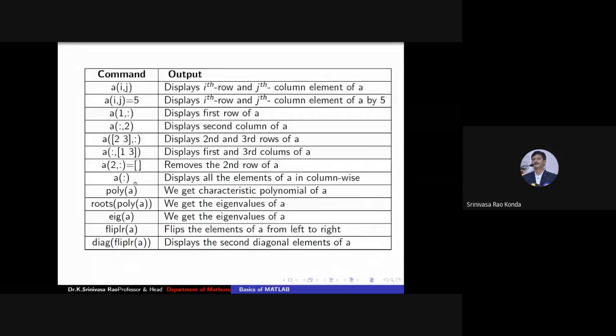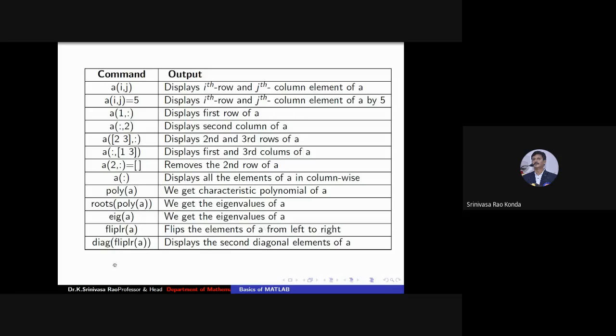A colon displays all the elements of A, matrix A column wise. Poly of A gives the characteristic polynomial, roots of the polynomial. We get the eigenvalues of A, eig of A. fliplr flips the elements of A, matrix A from left to right.